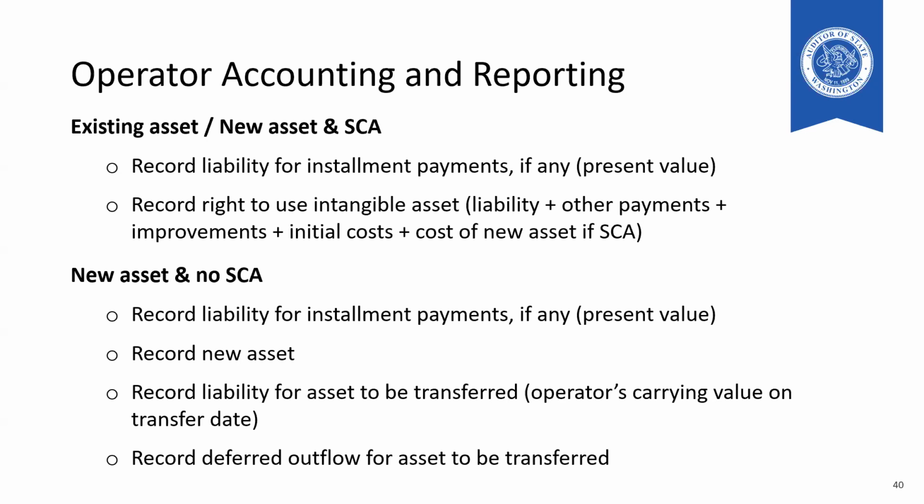They're also going to recognize a liability and deferred outflow related to that new asset because they'll be required to give ownership of that asset to the transferor at the end of the arrangement. So the liability and deferred outflow will be measured at the operator's estimated carrying value on the transfer date.